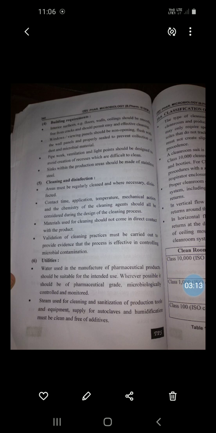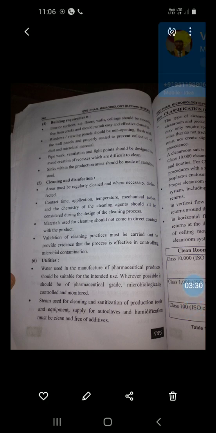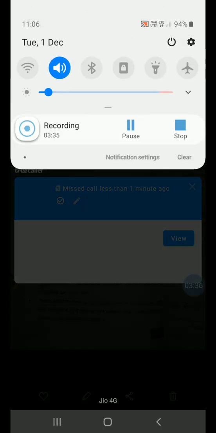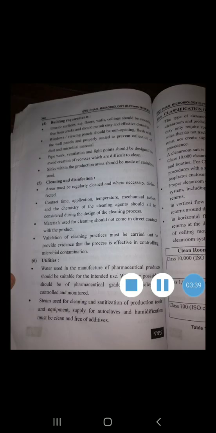The contact time, application temperature, mechanical action, and the chemistry of the cleaning agents should all be considered during the design of the cleaning process.